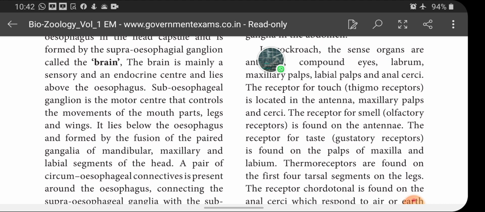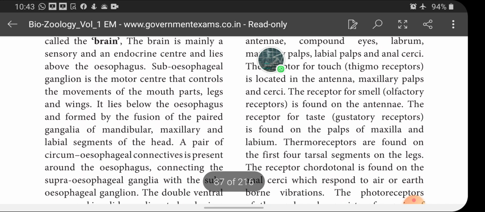Next, the subesophageal ganglion. Sub means what? Below. It is the ganglion present below the esophagus. It is the motor center that controls the movement of the mouth parts, legs and wings.